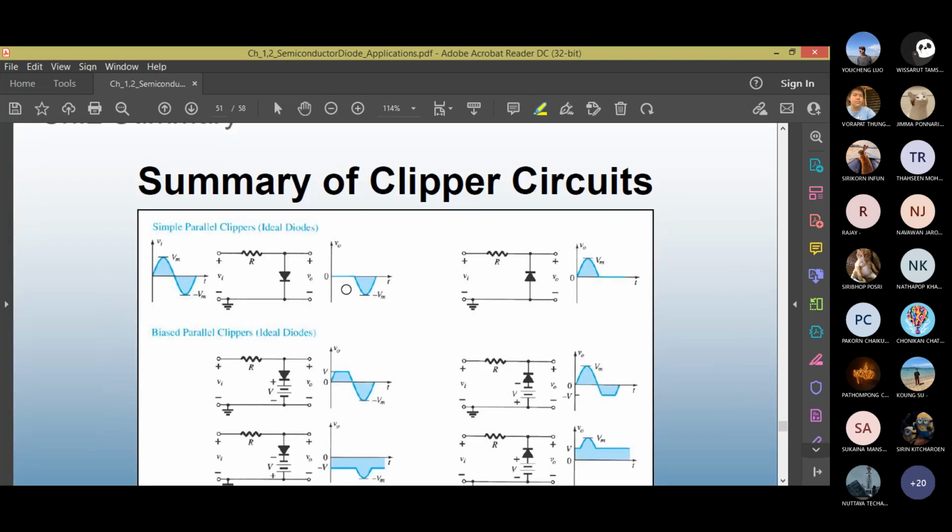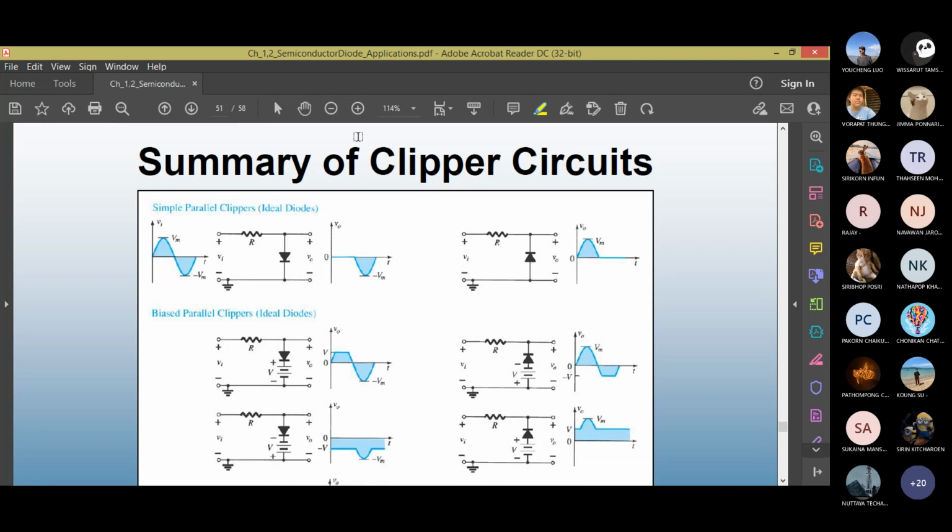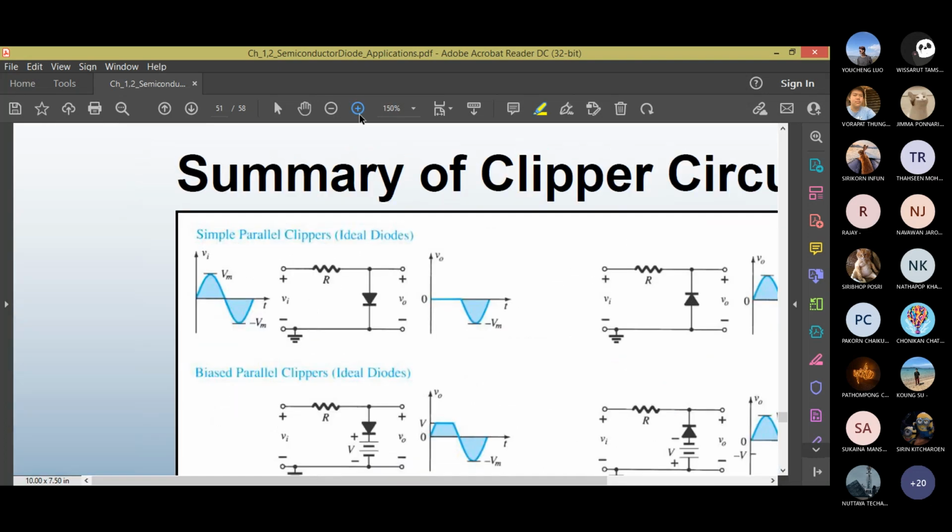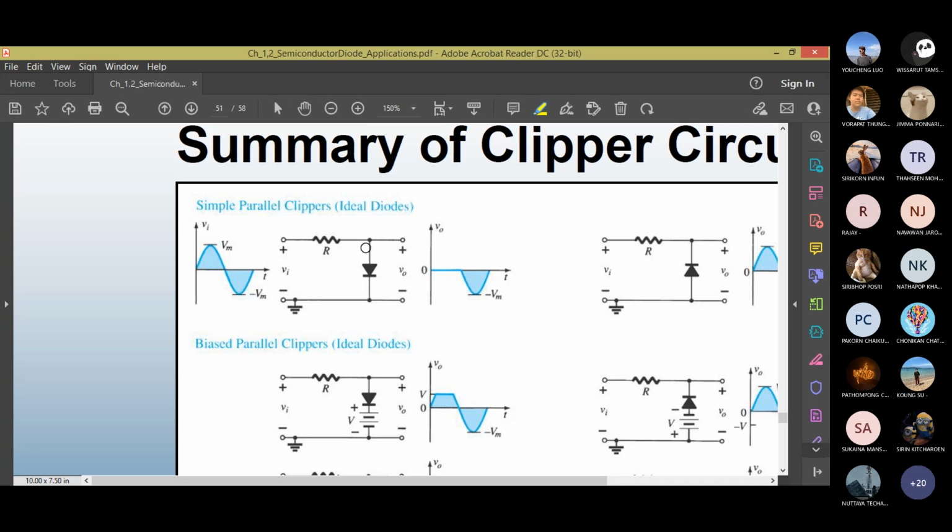Similarly, for parallel clipper circuit, there is a generic slide that shows what happens. This is the one that we were talking about. Positive half cycle is on, short circuit, 0 volt. Negative half cycle, it is off, so you can sense the negative voltage Vm.